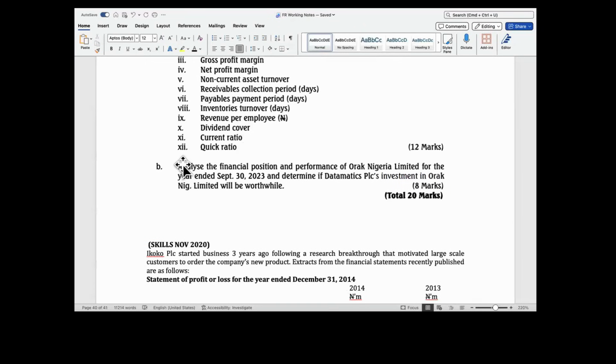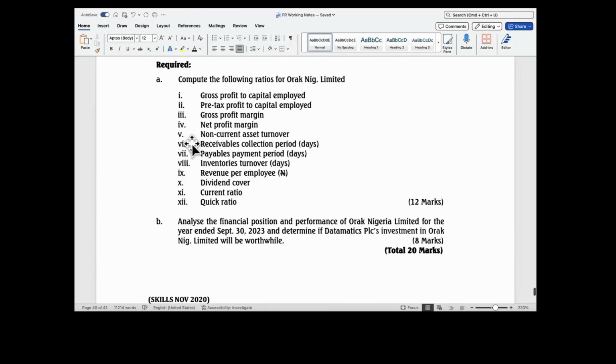Then they will analyze performance and position based on what is computed, 8 marks. So we'll just find a way to work around the analysis, so that we are not measuring the same thing.